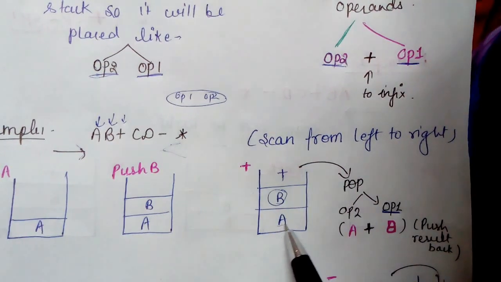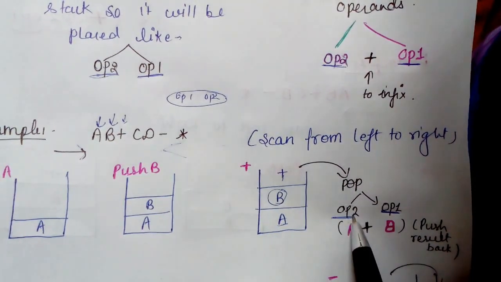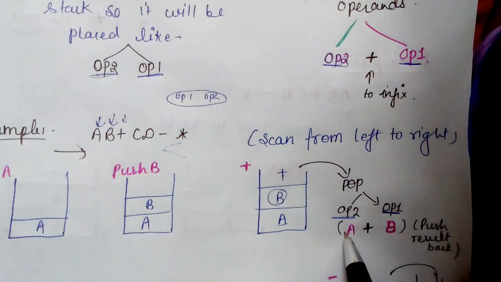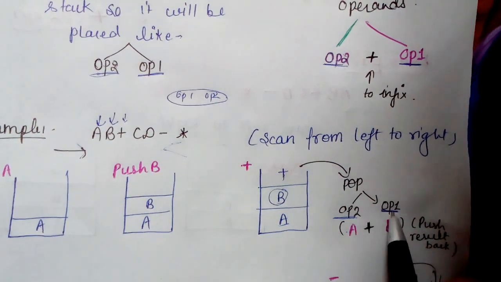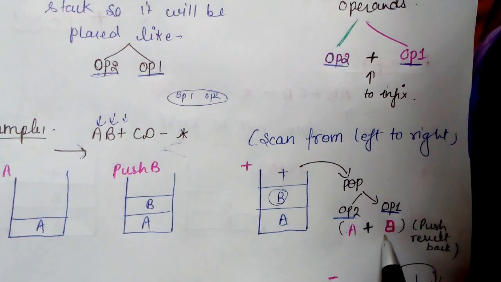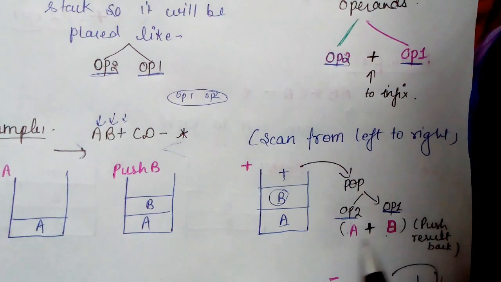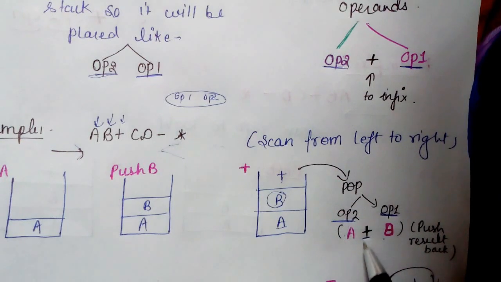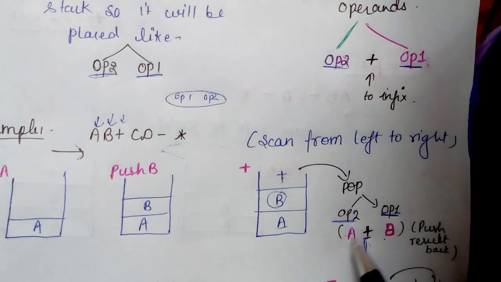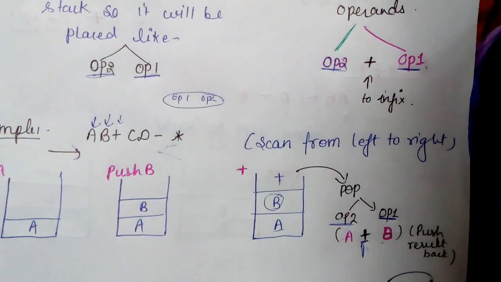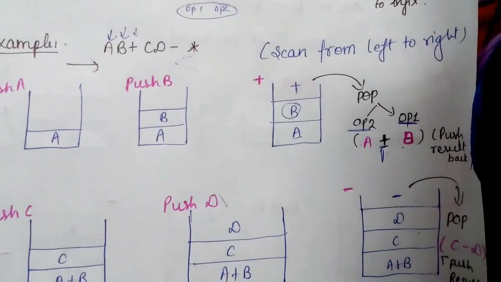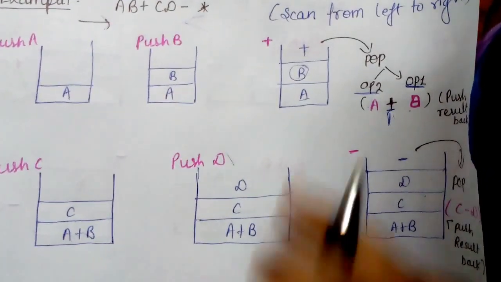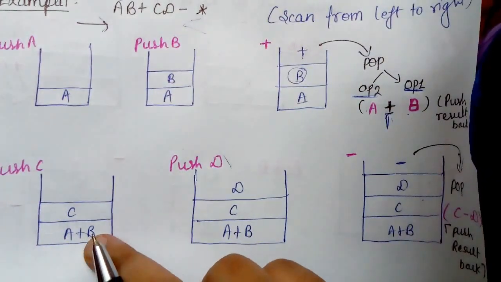Operand number 2 is A, so we place it here. Operand number 1 is B. Since we are converting postfix to infix, we place this plus sign in between, because in infix the operator is in between the operands.